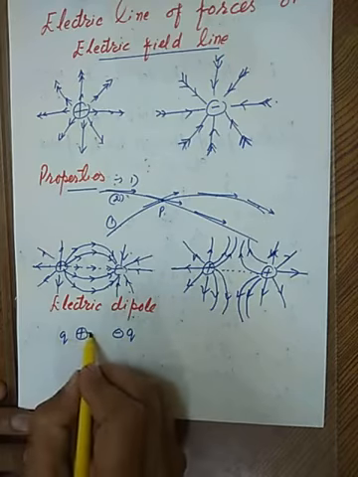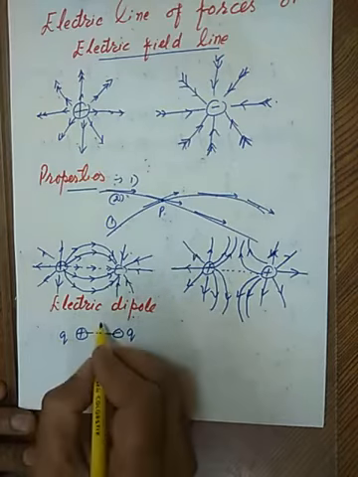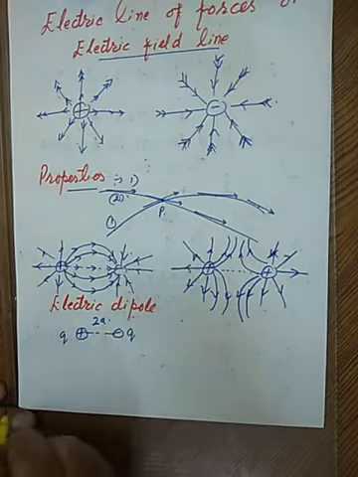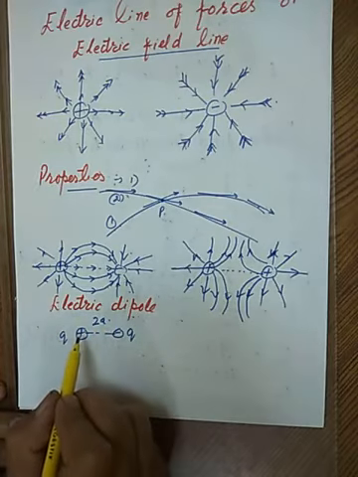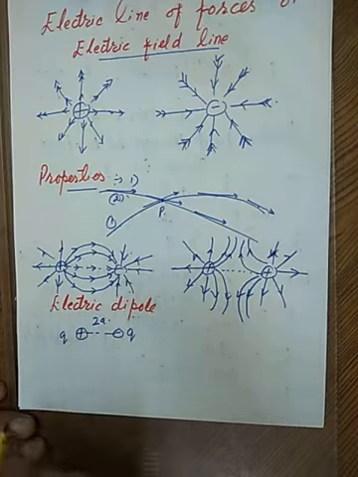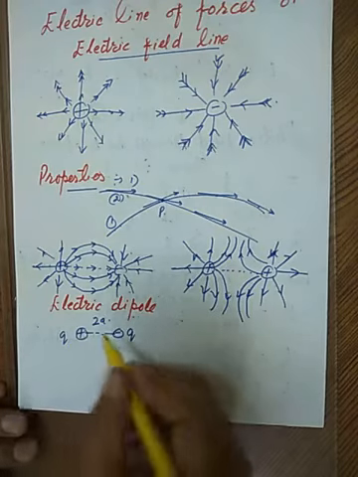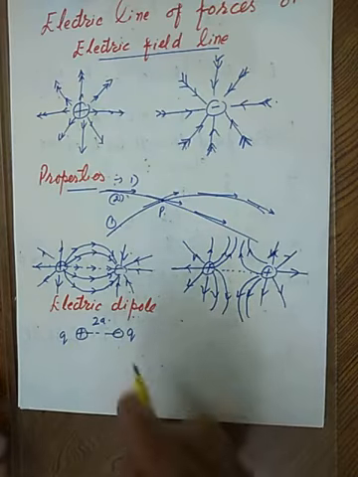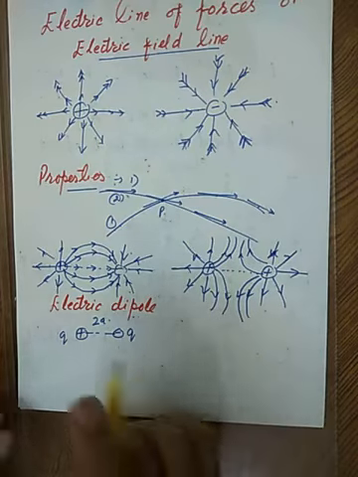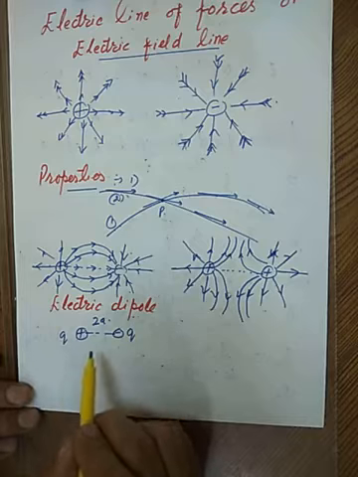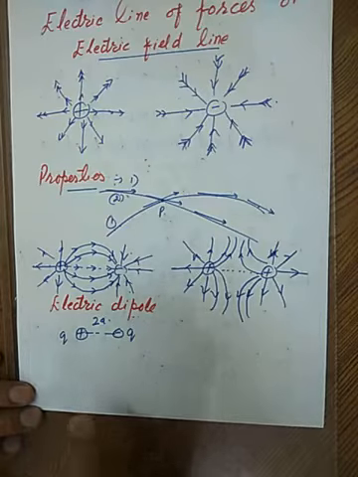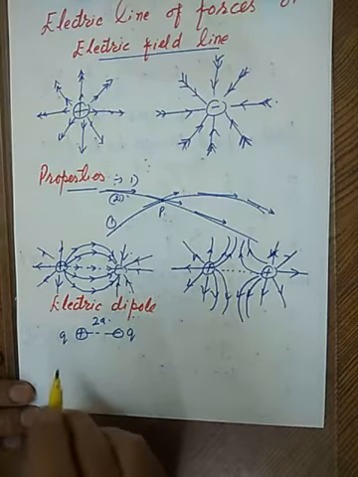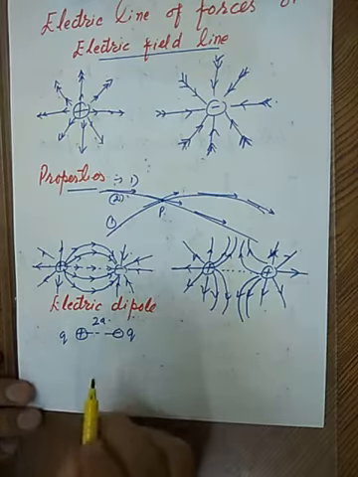They are separated by this distance. Let this distance be 2a. Then they constitute an electric dipole. So how can we define it? Two equal and opposite charges separated by some distance are known as an electric dipole.